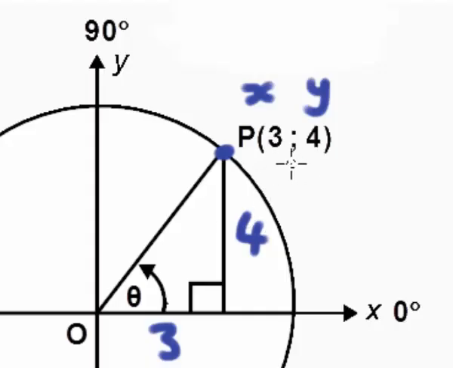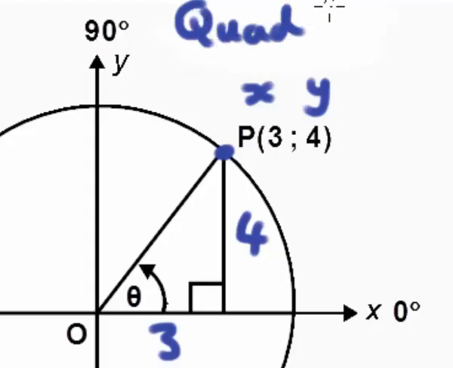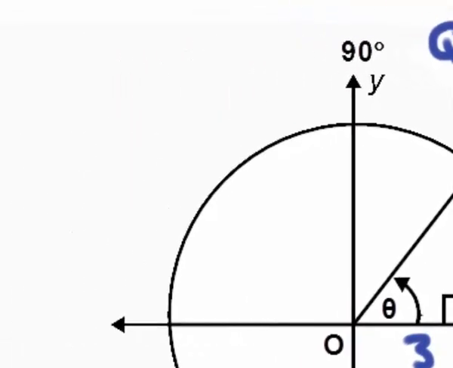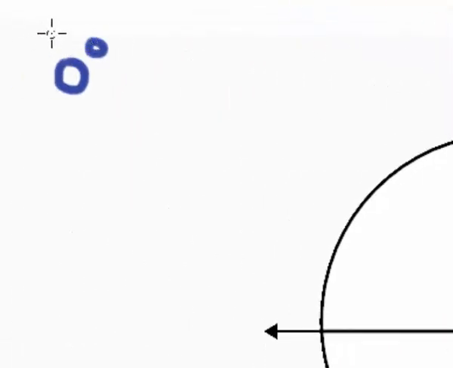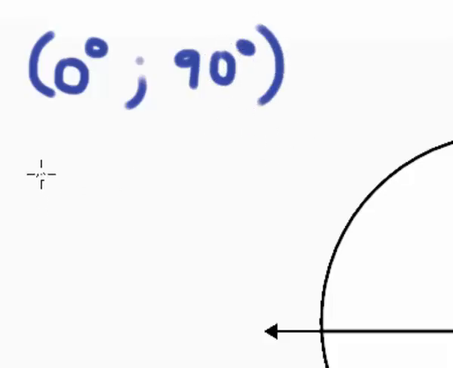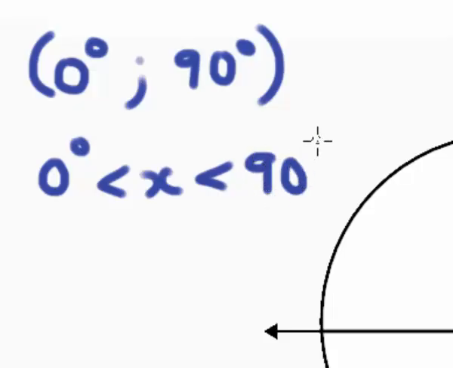Something very important is that you're in what we call the first quadrant. The first quadrant goes from 0 to 90 degrees, and how we can write it is like this. We can say 0 to 90 degrees, or you can write it with that set builder kind of notation. This is more interval, and this is all in the first quadrant from 0 to 90.